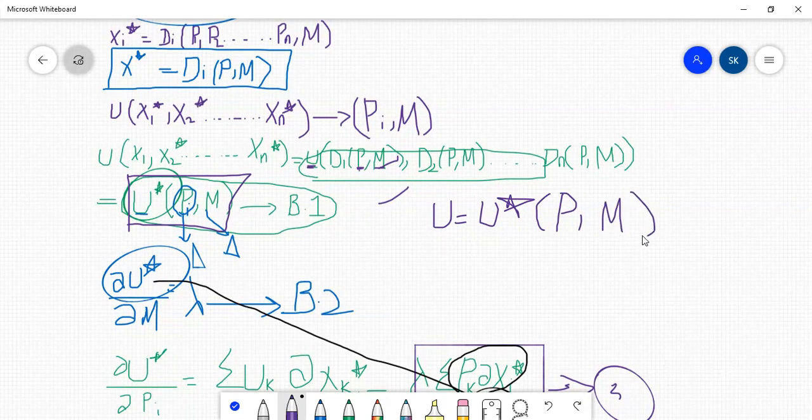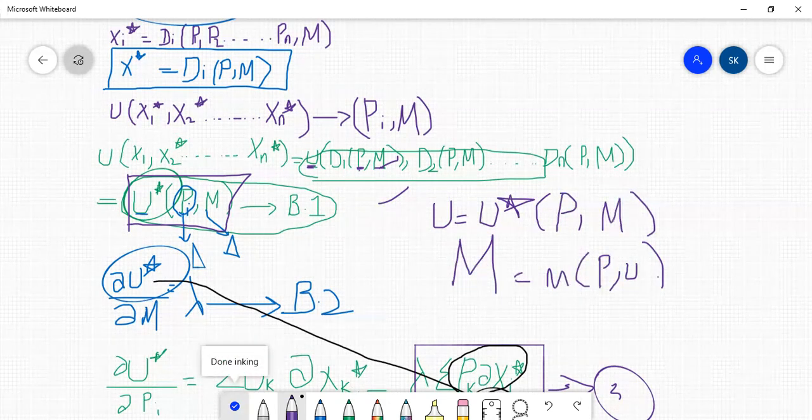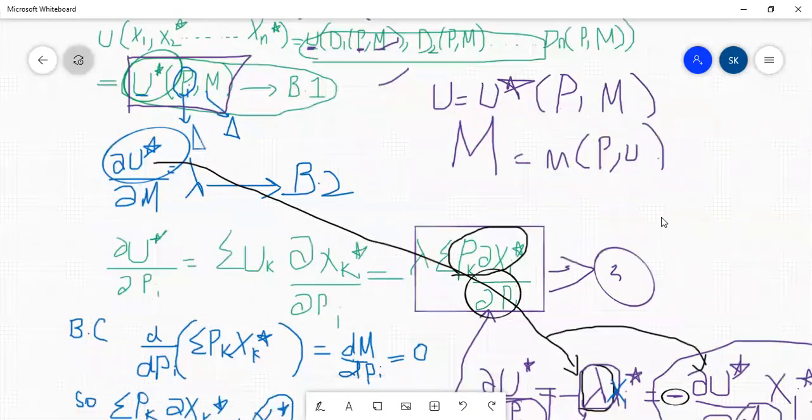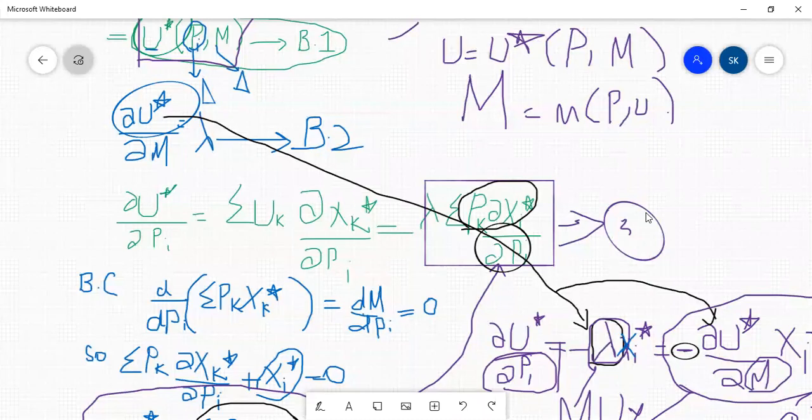We can find the expenditure function from this indirect utility function, that is capital M is equal to small m into P comma U. The two functions are dual to each other and they contain some information, and the duality can give a better derivation of Roy's identity.